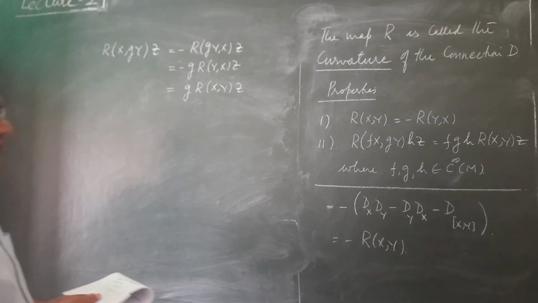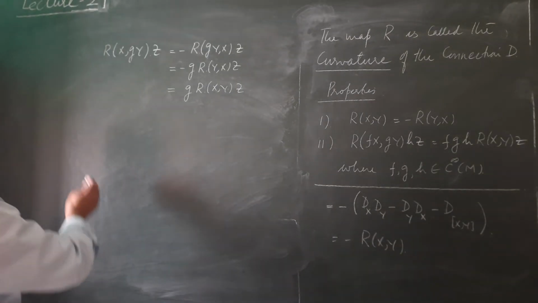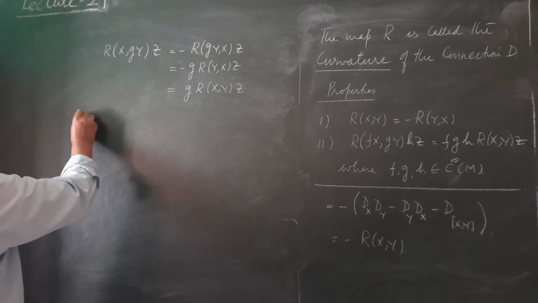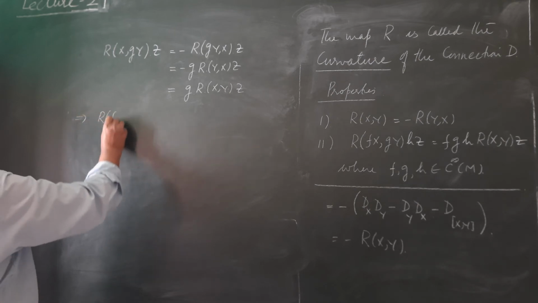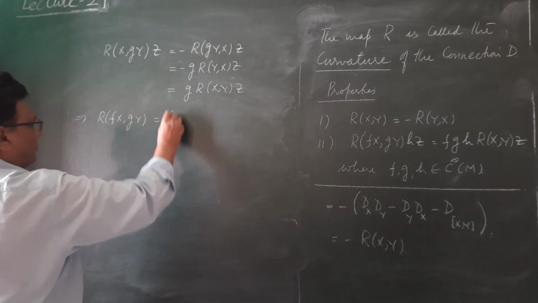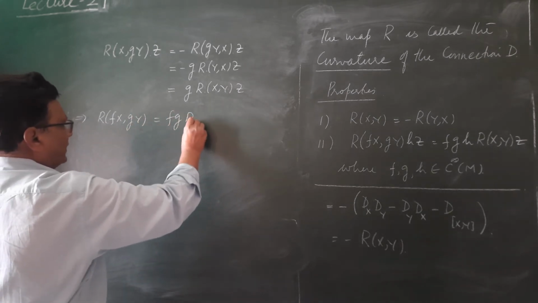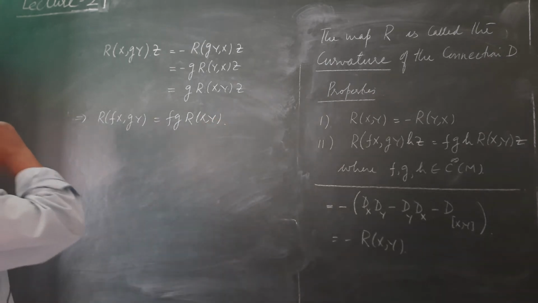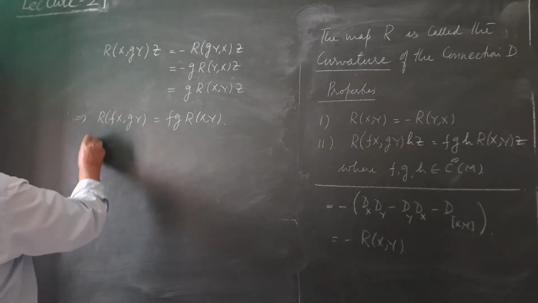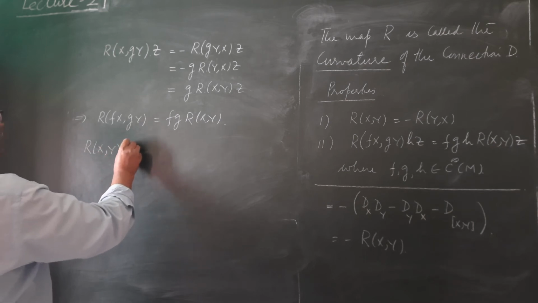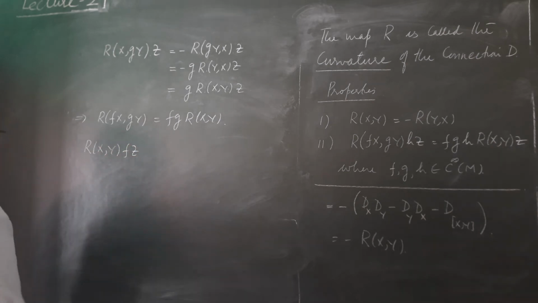Now the last is a little different. So this implies that R of fx gy is equal to fg of R xy. Now for the last case, I will put xy over here, and here I will put fz.